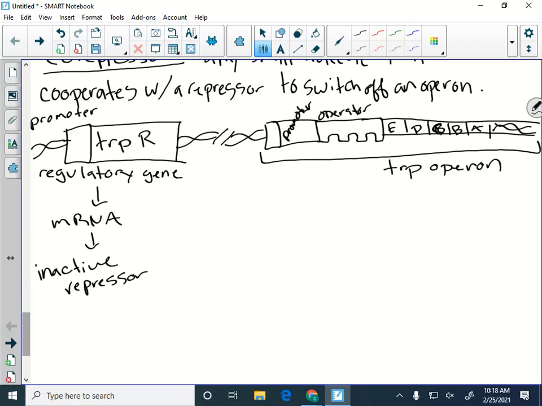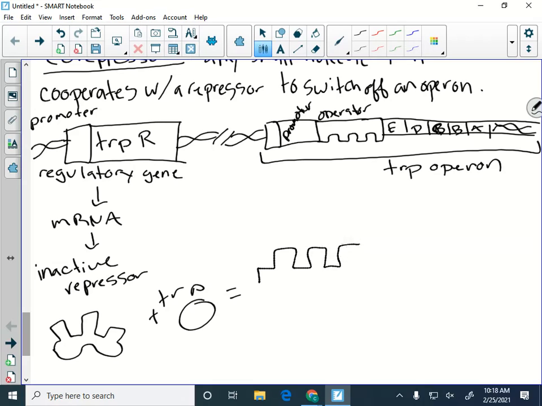So, if our inactive repressor, we'll say it's shaped like that. Let's say that inactive repressor combines with a trp molecule. This gives us our active repressor.